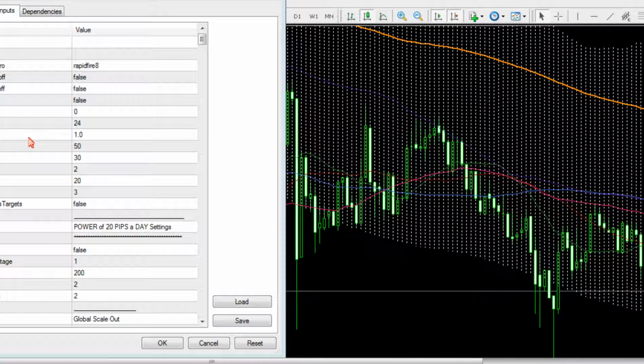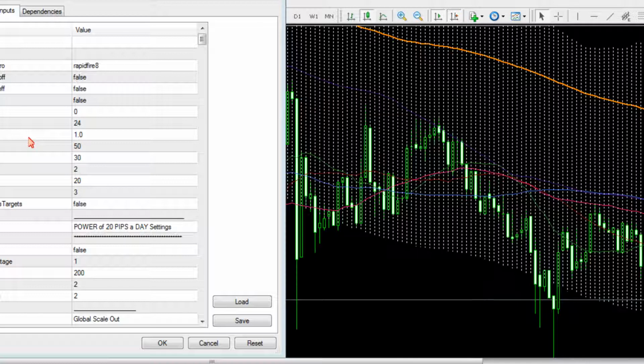So basically this settings file allows you to choose whatever setups you particularly like, and I'll go through which ones I've got switched on, and set a fixed take profit of 8 pips and a stop loss of 10.